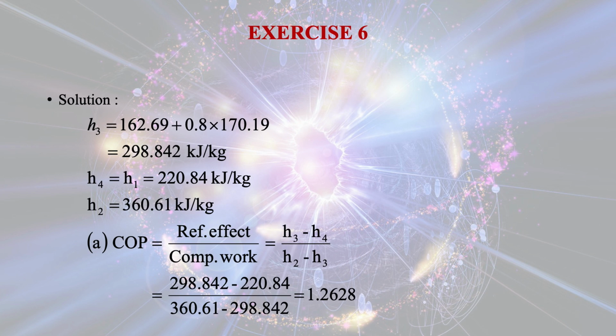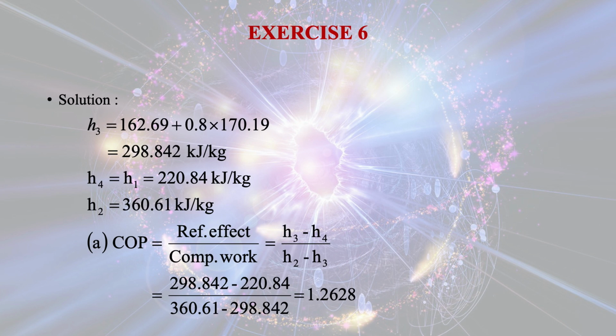Here h3 comes out to be 298.802 kilojoule per kg. So h4 is equal to h1, that comes out to be 220.84 kilojoule per kg. So h2 is equal to 360.61 kilojoule per kg.